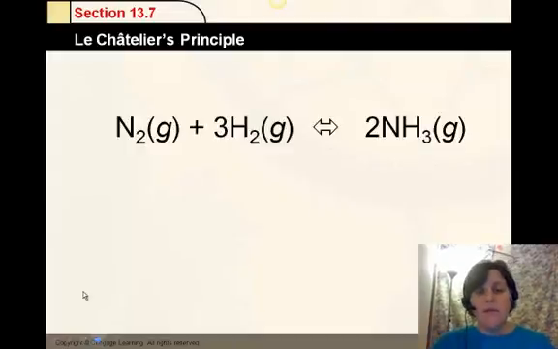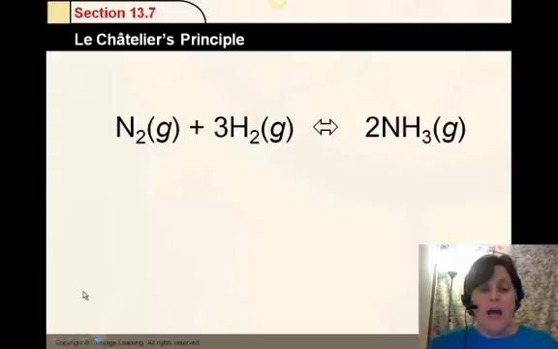So here's our last slide for this chapter. This is a reaction we had earlier. You notice nitrogen gas and hydrogen gas produce ammonia. And what are the different stressors that could happen? Well, we could say that I'm going to increase the concentration of hydrogen. If I increase the concentration of hydrogen, the reaction is going to shift towards the right-hand side of the equation.